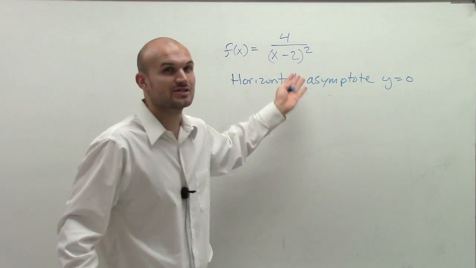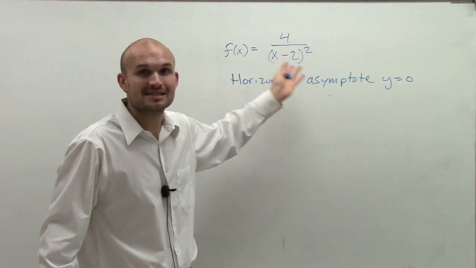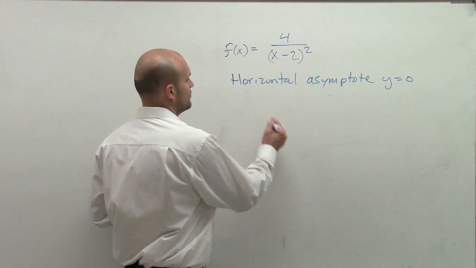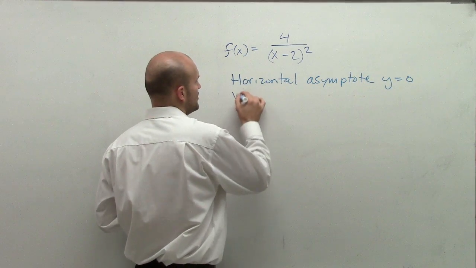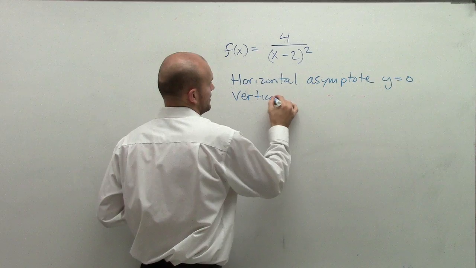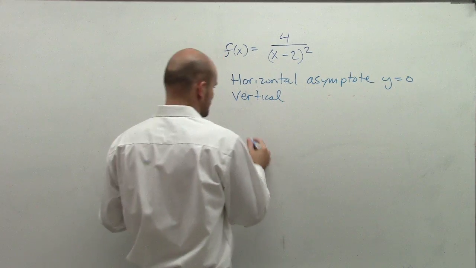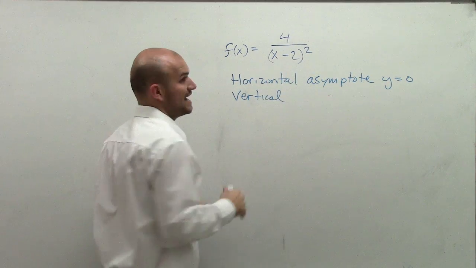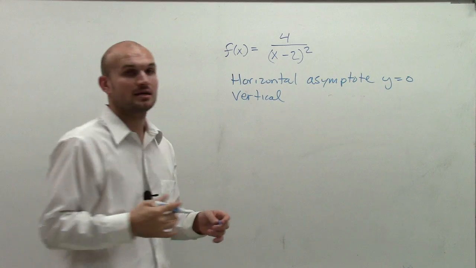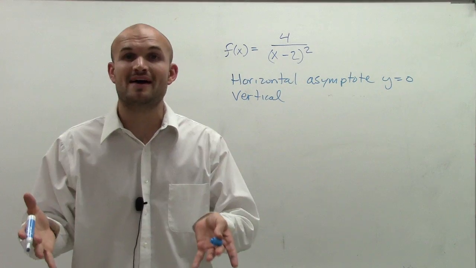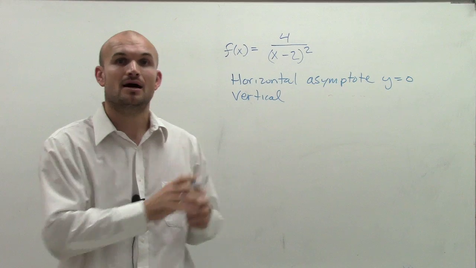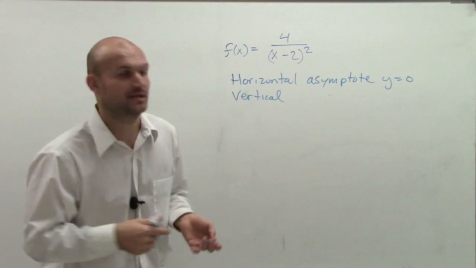That's the only restriction I see with this function, on the bottom I just cannot make it 0. So to find the vertical asymptote, we are going to find the values that make the denominator 0, because once we find those values, we're going to take them out of our domain, and those are going to be your asymptotes.